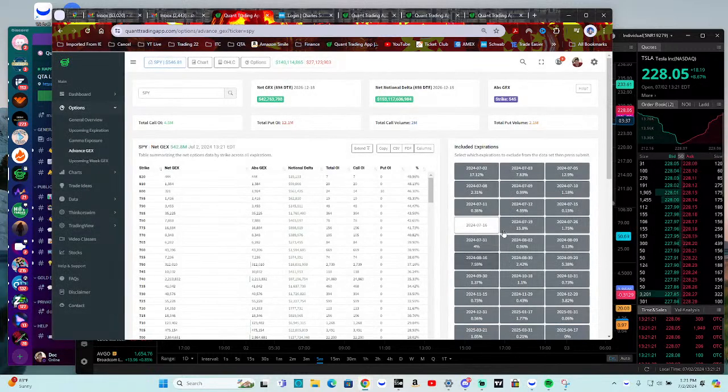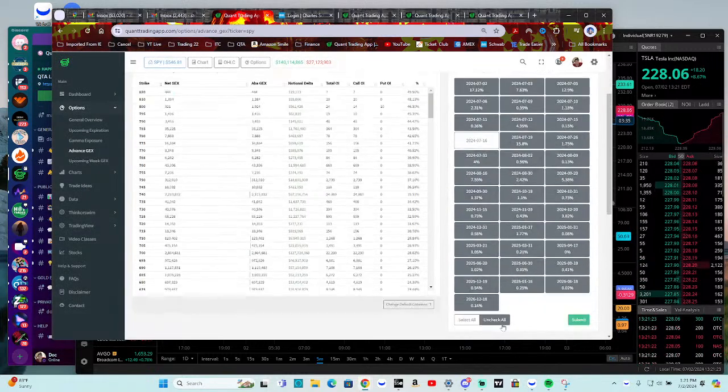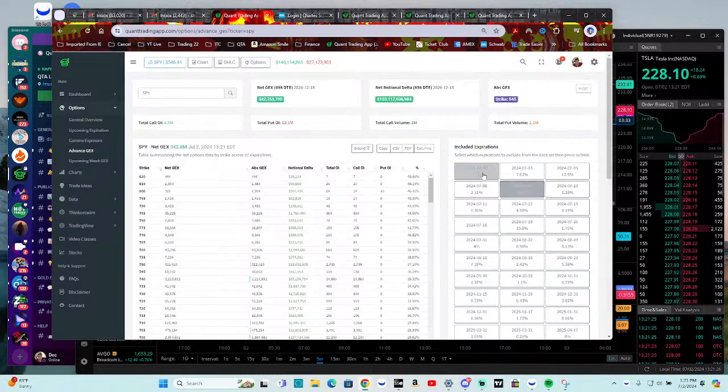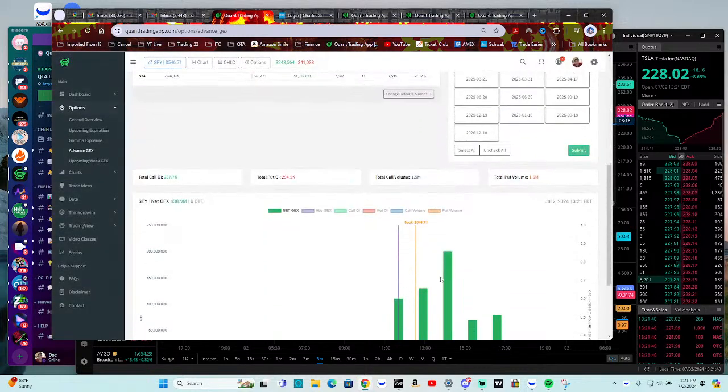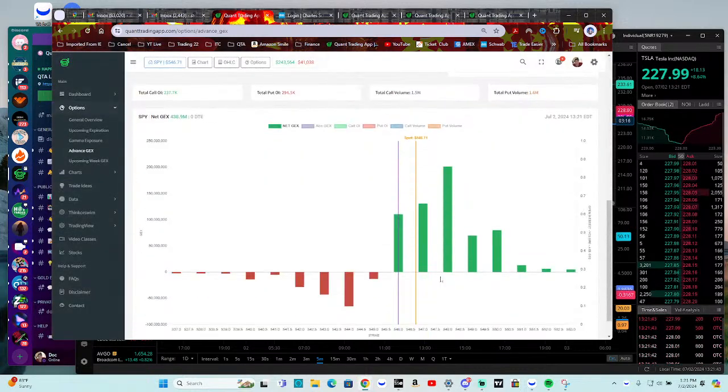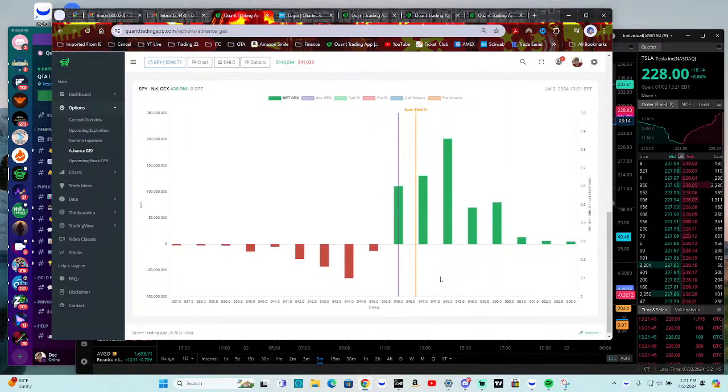So when I'm day trading the SPY, I like to uncheck them all, and I'll do the one that's expiring today and the one that's expiring the next day. And then I'll get a nice rounded-out view of what's happening, and I won't use today's expirations, I'll use tomorrow's, or I'll do a combination of them, right?